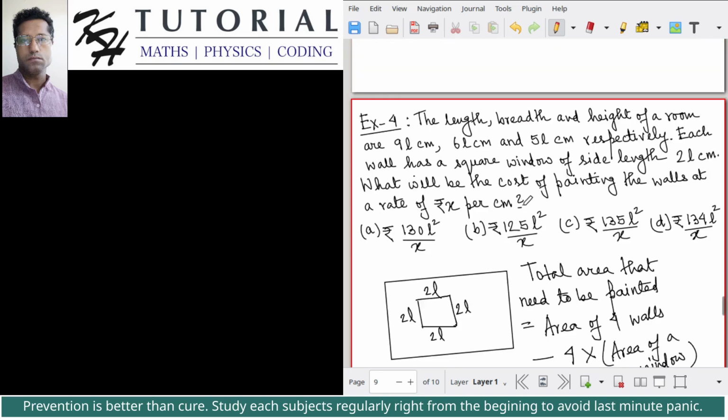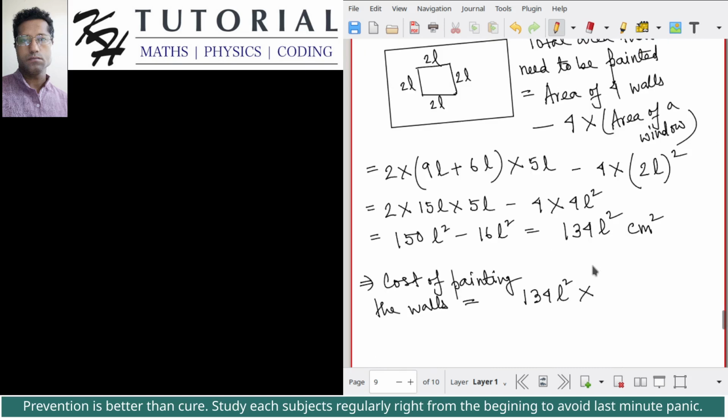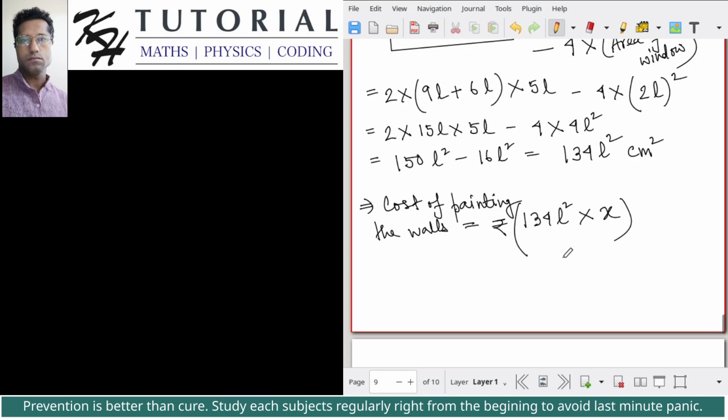Sorry, in the problem it is given that the cost of painting the walls is at the rate of ₹6 per centimeter, but it should be per centimeter square. Multiplied by, so this will be rupees, the net area, that is 134L square, multiplied by the rate, that is x. So this is equal to ₹134xL square.